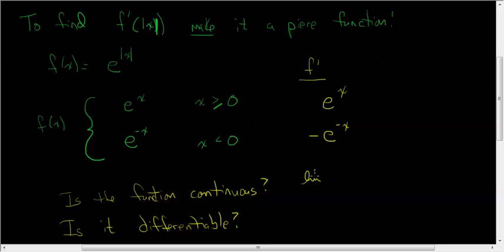I take the limit as x approaches 0 from the left, and the limit as x approaches 0 from the right of f of x. As I approach 0 from the left, e to the negative 0 is 1, right? As I approach 0 from the right, e to the positive 0 is also 1. So yes, it is continuous.